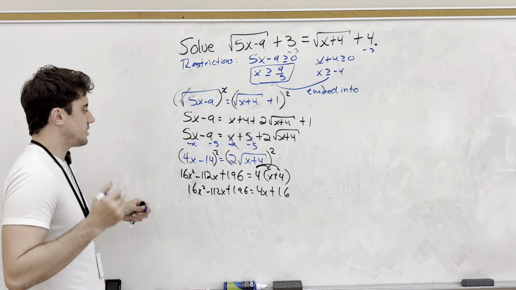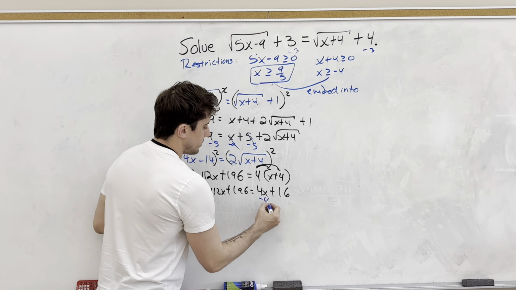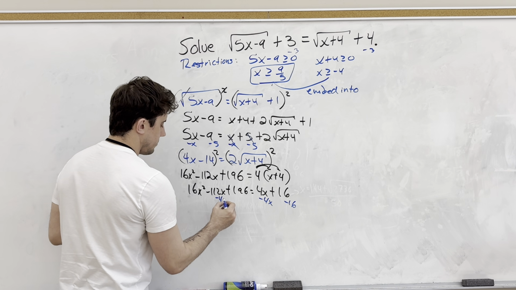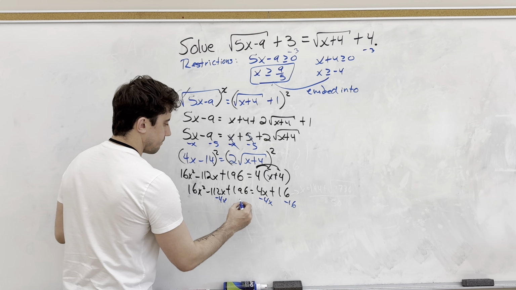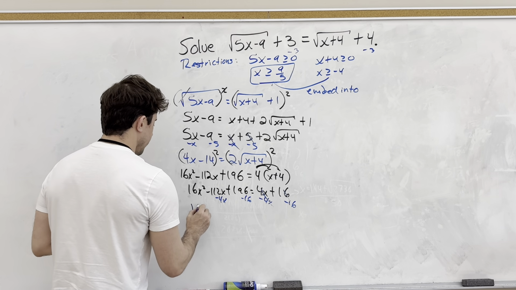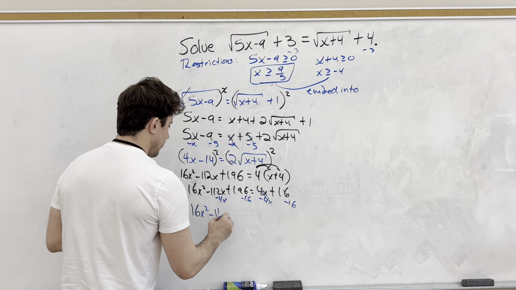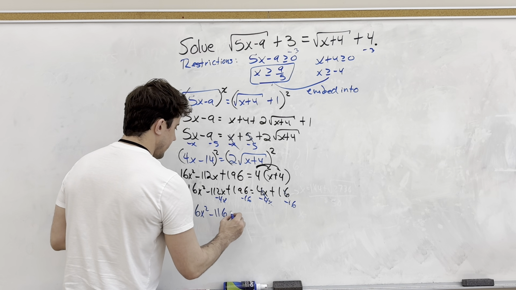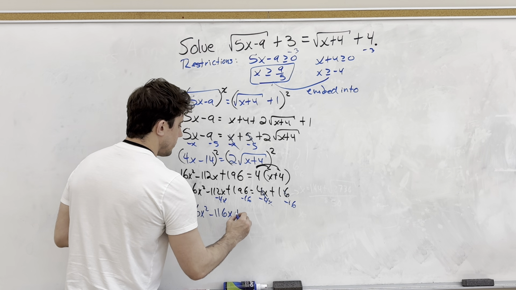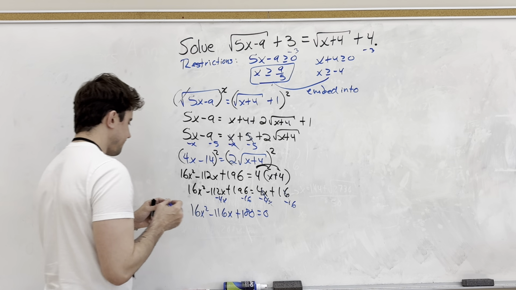And now, like we always do with quadratic equations, let's get everything on one side and set it equal to 0. So now we have 16x squared minus 116x plus 180 is equal to 0.